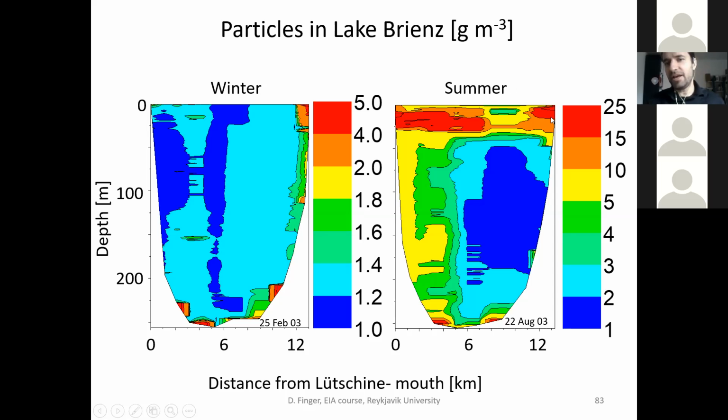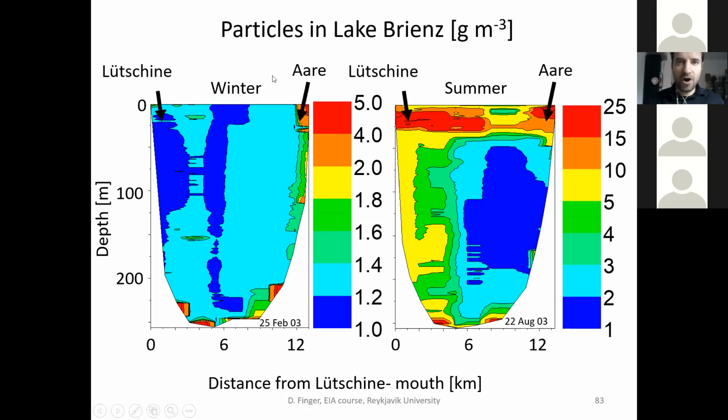But in summertime, turbidity increases significantly to almost, I can't see the scale here, almost 15 milligrams per liter at the surface. While the lower water, the deep water, stays, at least on the Aare side, this is the side where the hydropower water comes in, pretty clean.